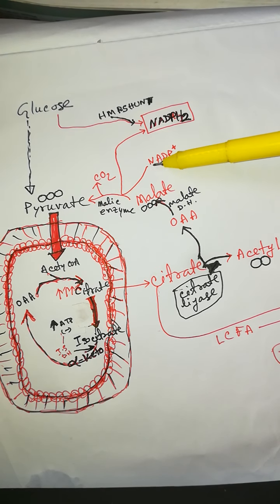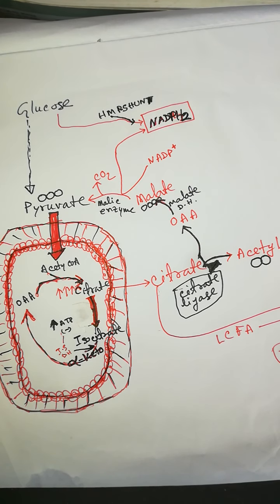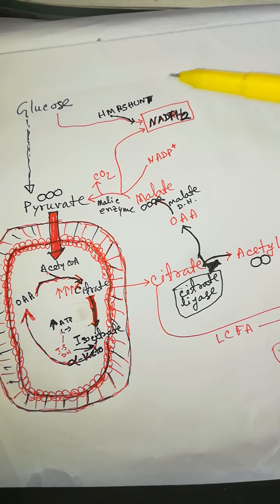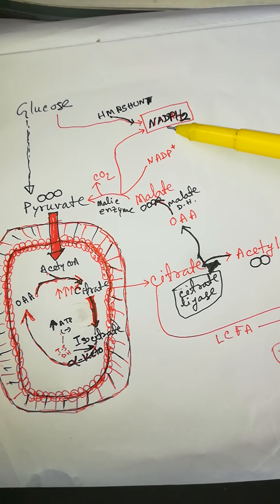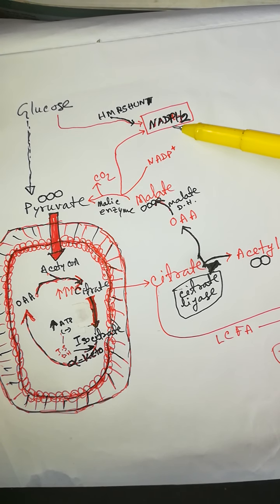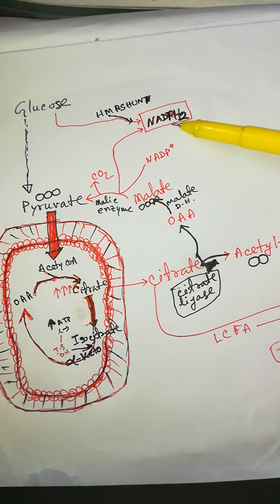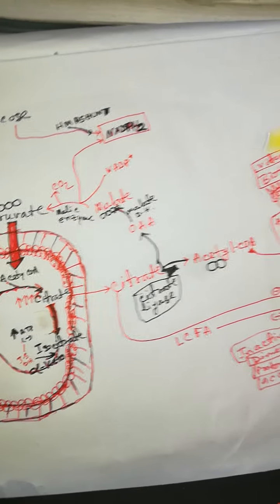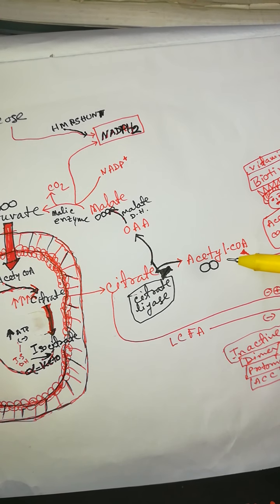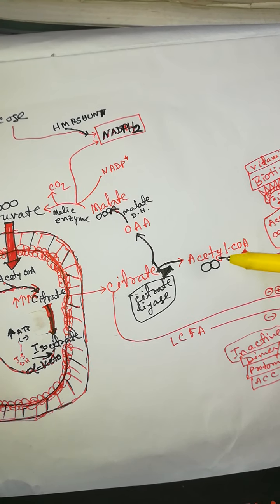This is the step. NADP is converted into NADPH2. This NADPH2 is also important for synthesis of fatty acid. Later, I will show you how NADPH2 helps in fatty acid synthesis, how acetyl CoA helps in fatty acid synthesis.